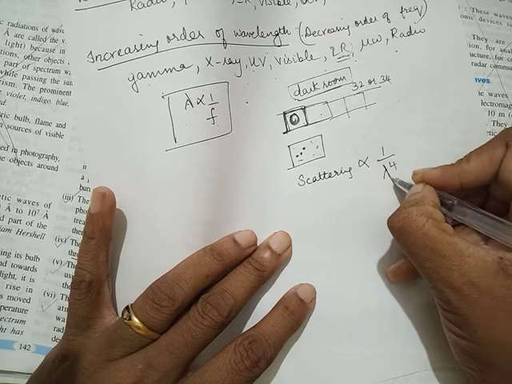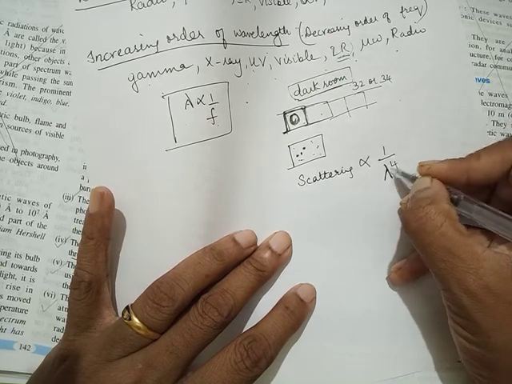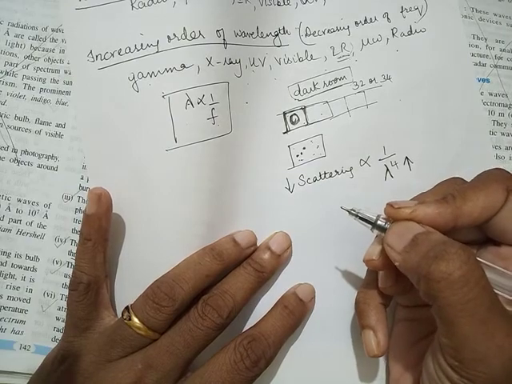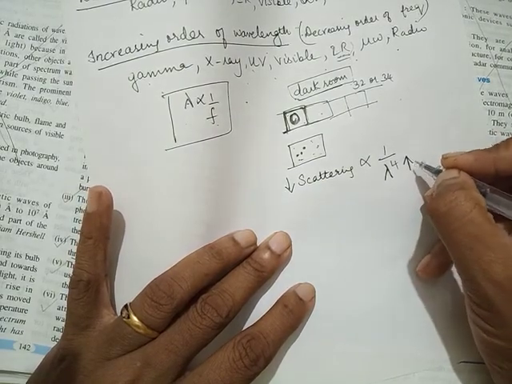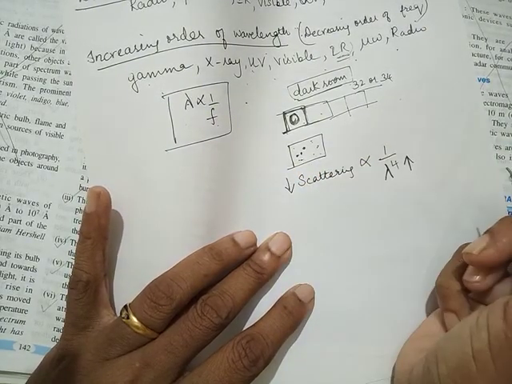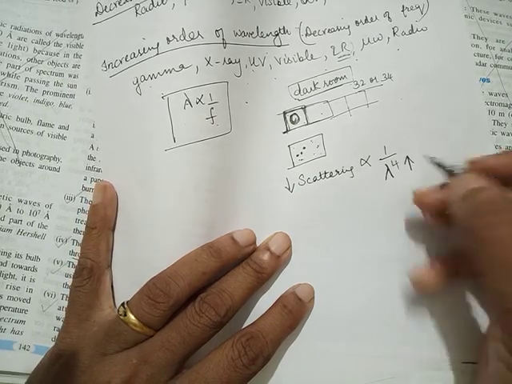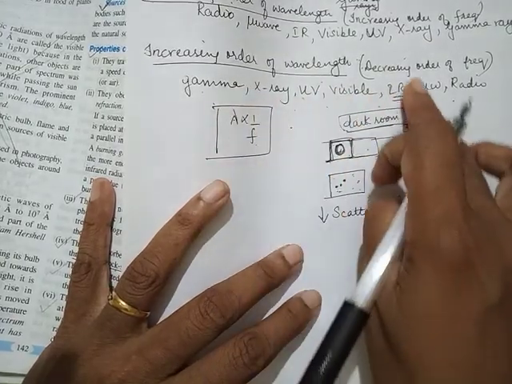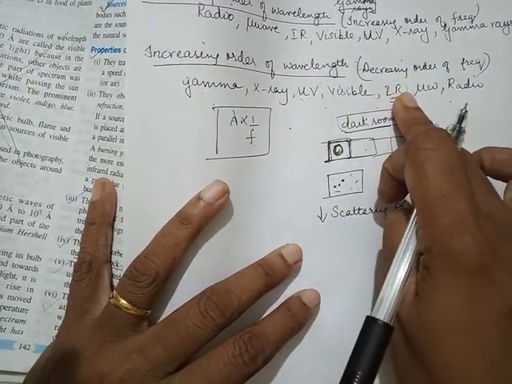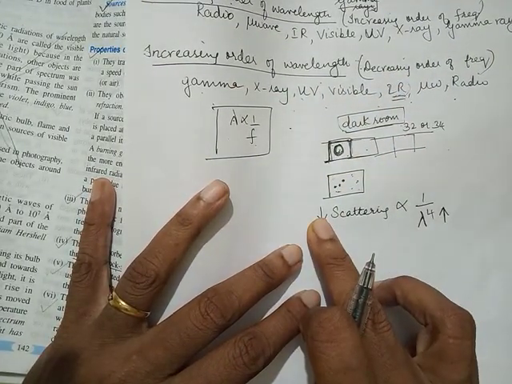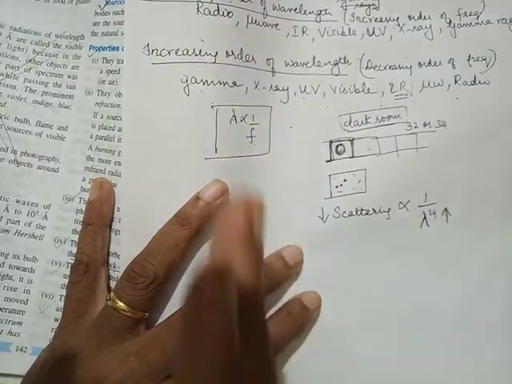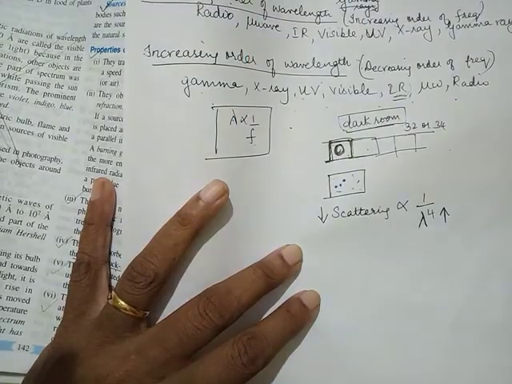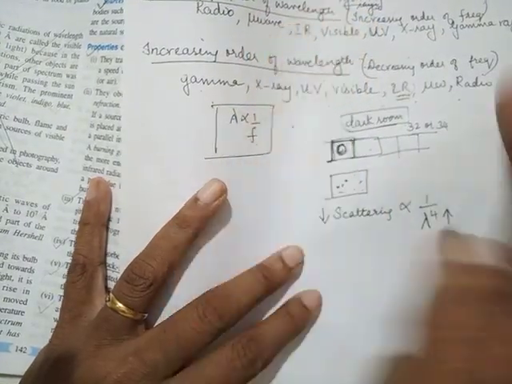That means any wave that has more wavelength gets less scattered. The waves that have less wavelength get more scattered. Is it clear? So when you compare to all this, IR has a higher wavelength, so it gets scattered very less. You send IR rays in a particular direction, it goes without getting scattered.